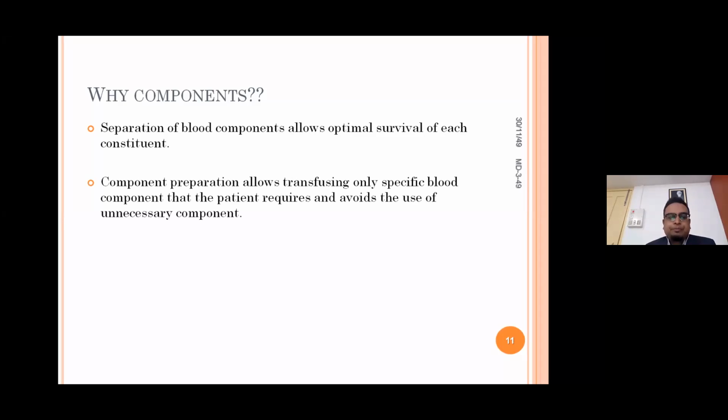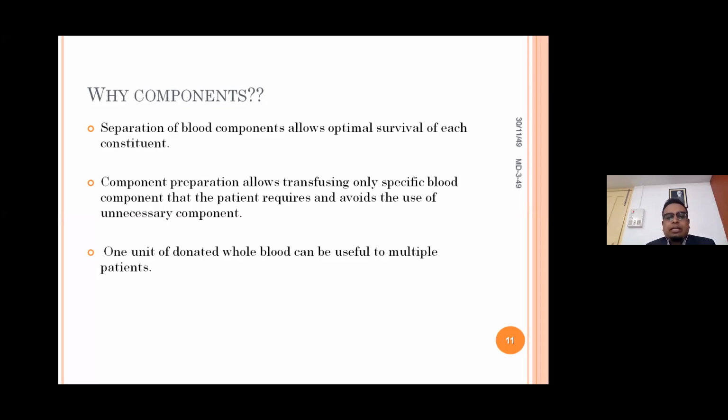Component preparation also allows transfusing only the specific component the patient requires, and avoids the use of unnecessary components. If the patient requires packed RBC, only packed RBC will be transfused and not platelets. And when the patient requires platelets, we are not transfusing packed RBC and overburdening his cardiac system.